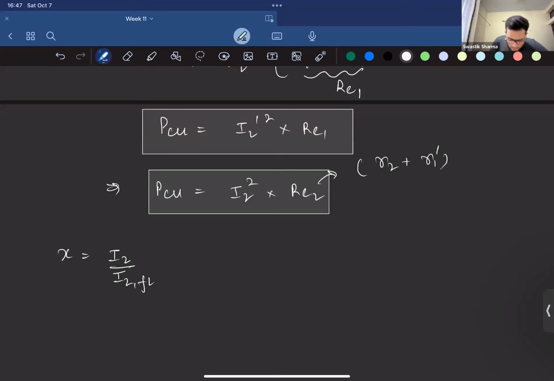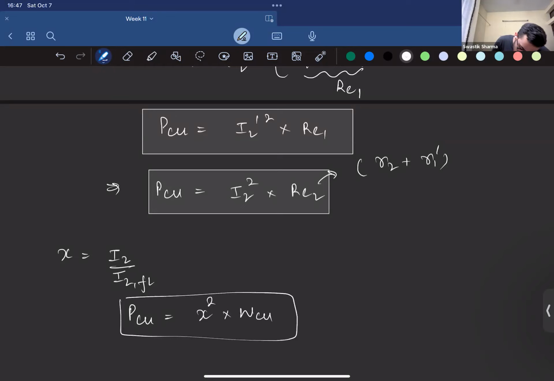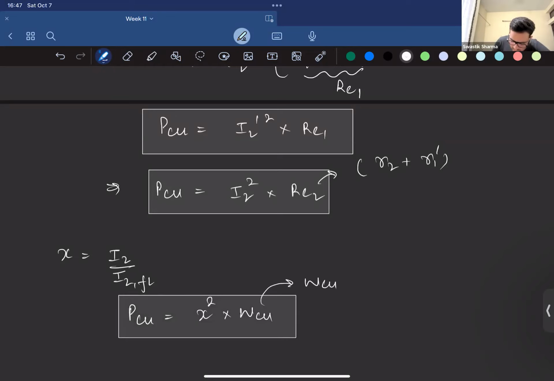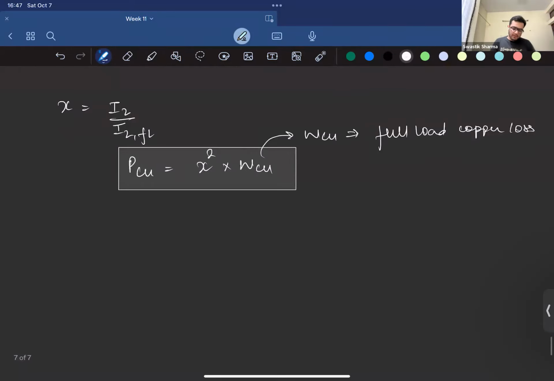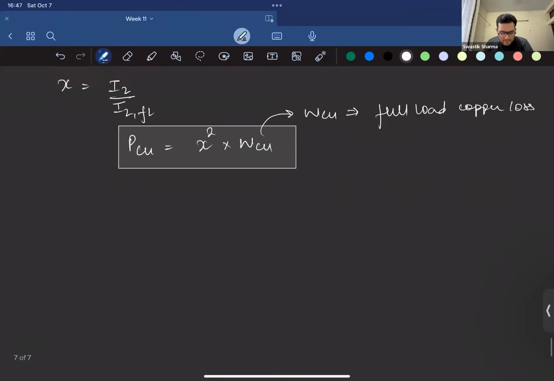So copper loss can be written as X square times WCU, right? Where this WCU is nothing but the full load copper loss. So that's how we can denote.